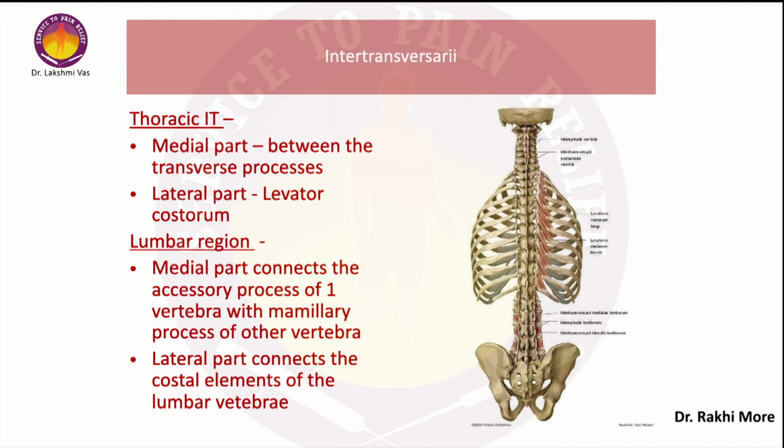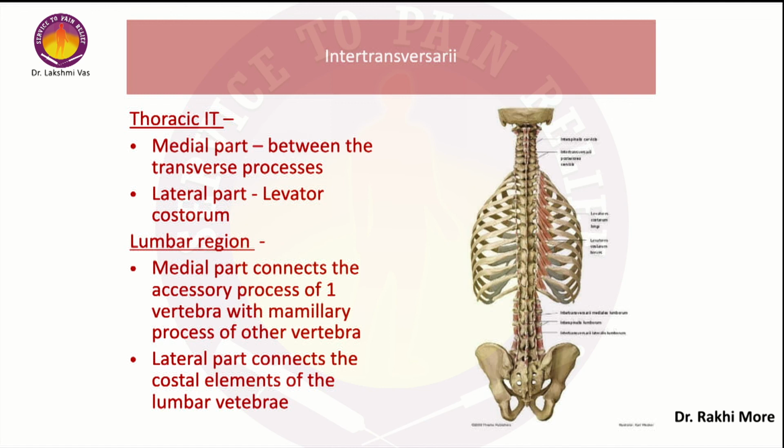And to just complete the talk, the intertransversi also has a thoracic and the lumbar part. Again, the same. The medial part of the thoracic region, it lies between the transverse processes, and the lateral part, it becomes the levator costarum.